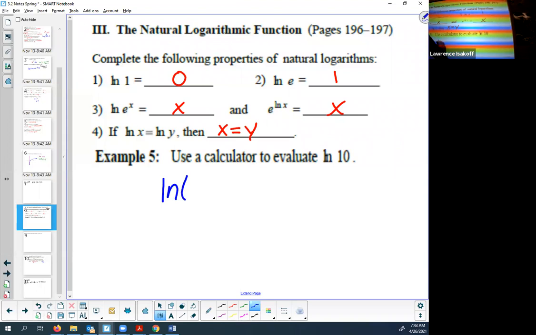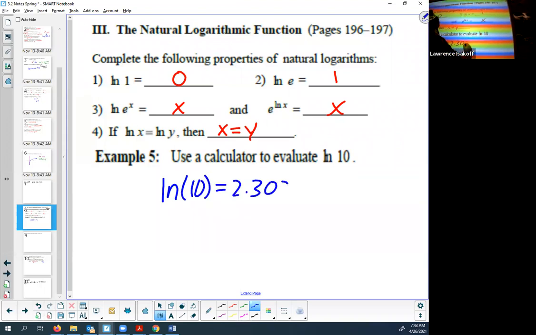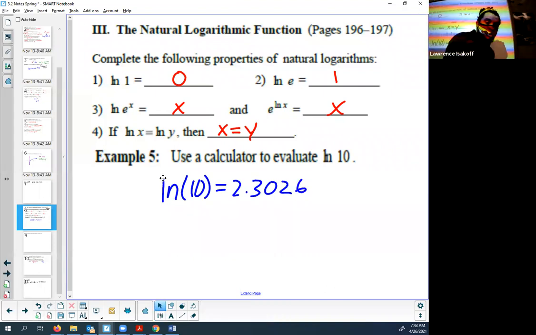So ln of 10, this was purely in the calculator, 2.3026. That's it. All we had to do was type that in. This work is going to be a little bit calculator heavy, and that's okay.